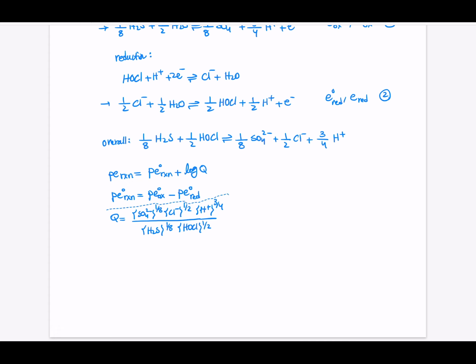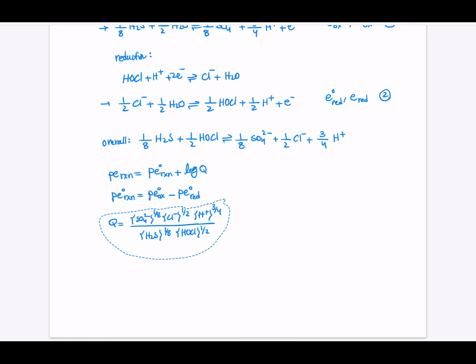And we basically have values for all these activities. It's all given. So if we combine these three, I'm going to skip the calculation. Then we get pE of reaction to be minus 24.89.